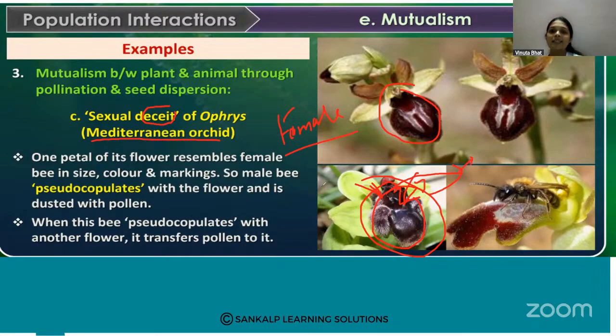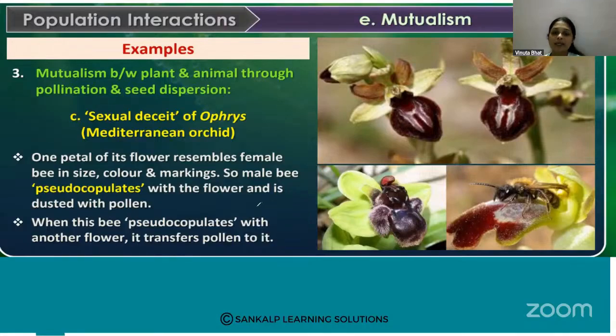So like this, it is called sexual deceit. So like this, the pollination takes place in the flowers with the help of these bees. But here pseudo-copulation takes place. Pseudo means not true, right?